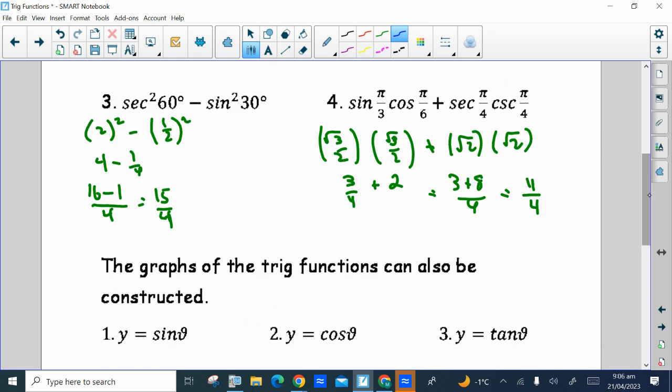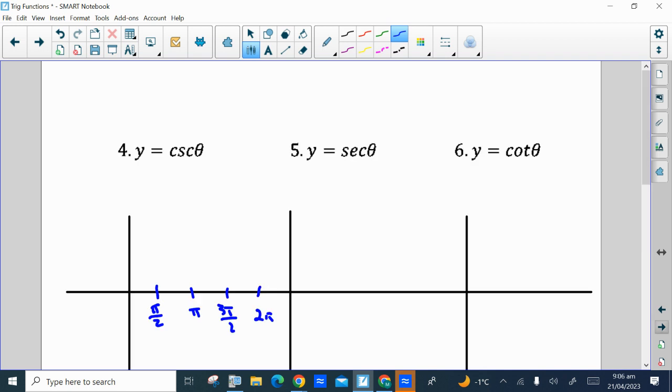So if we take those initial points, to get the corresponding points on the graph of cosecant, you're going to take the reciprocal of the y value.